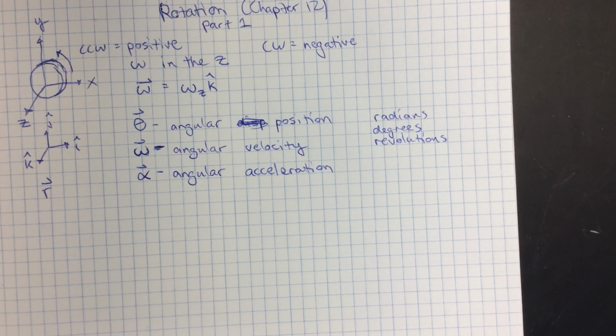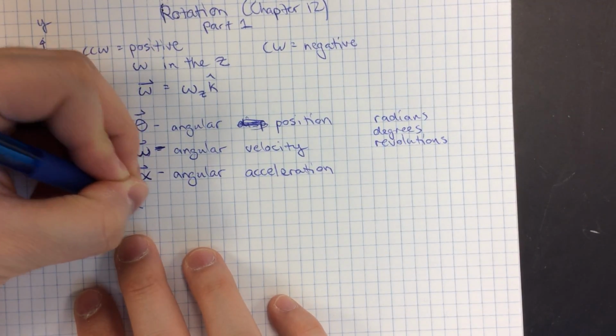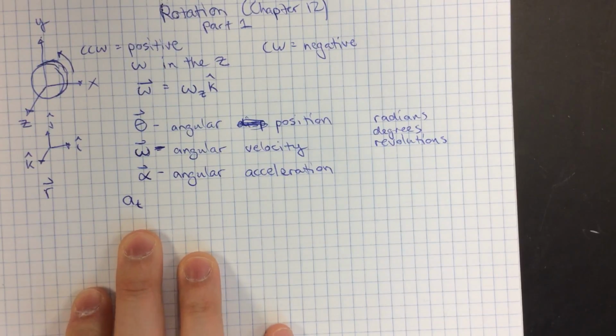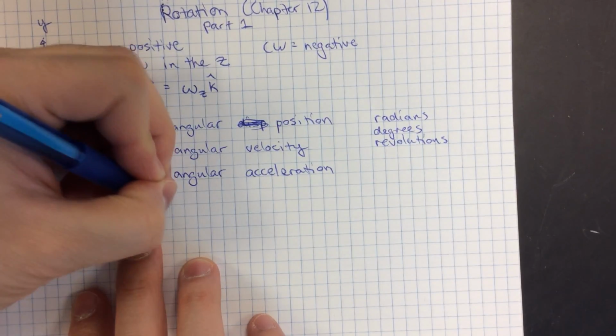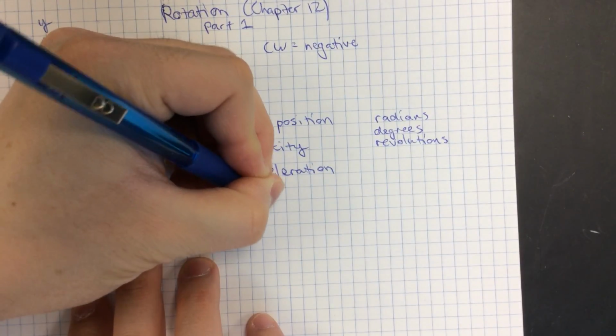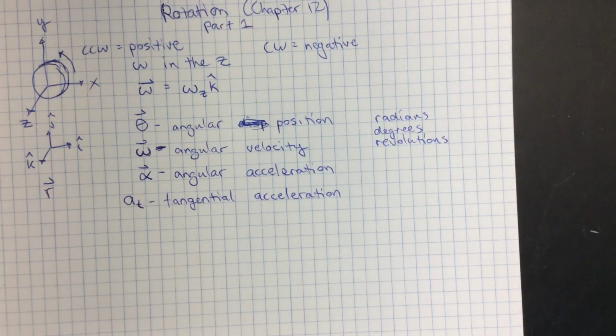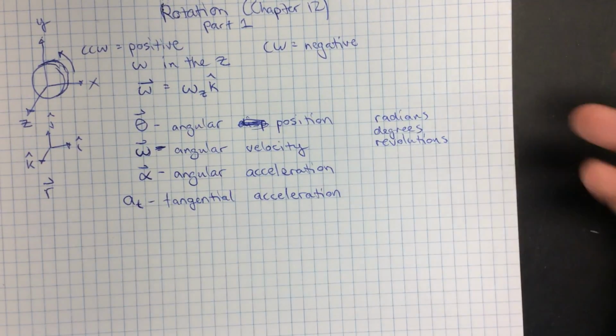Okay. We also had talked about this normal A with a T subscript. This is tangential acceleration. Okay, make sure you recognize what they represent or mean.